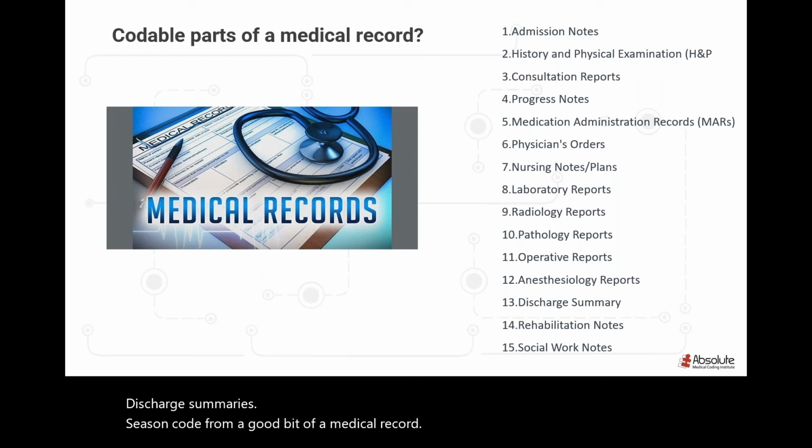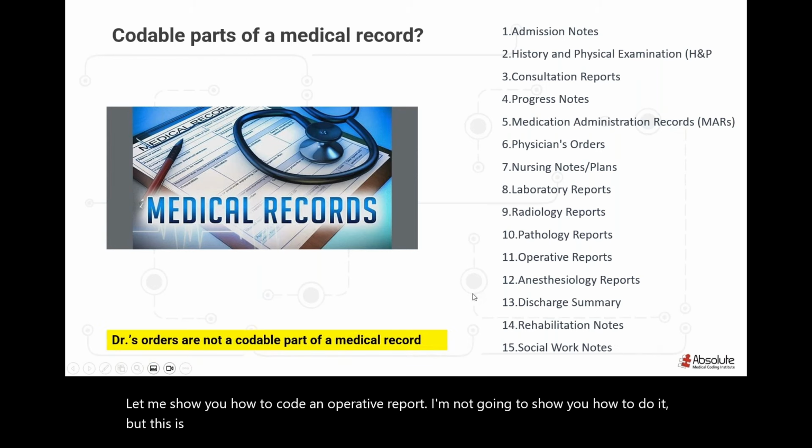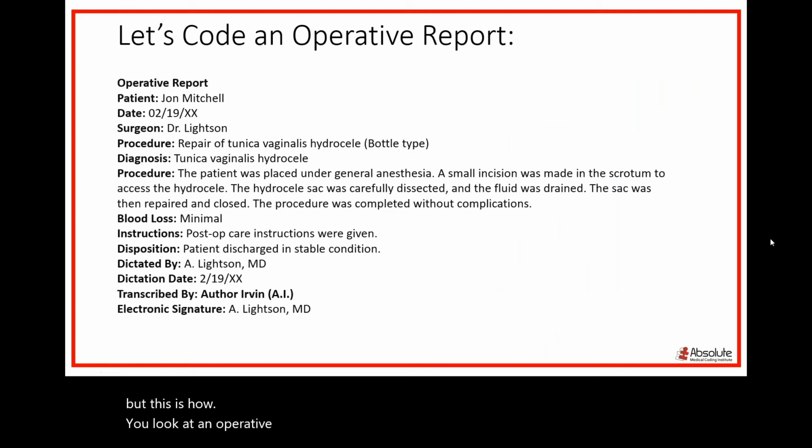That's pretty much it. Now, let me show you how to code an operative report. I'm not going to show you how to do it, but this is how you look at an operative report and abstract from it.